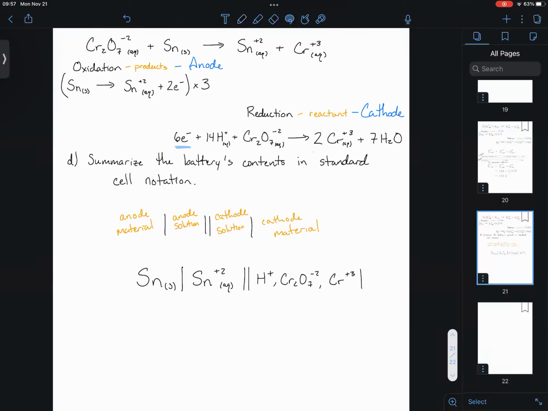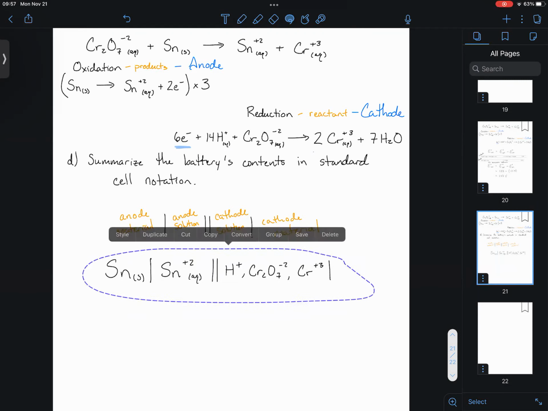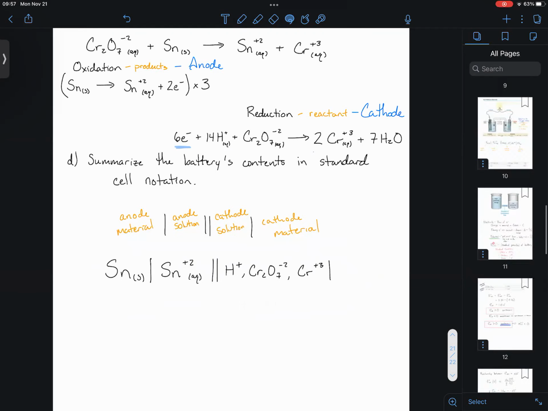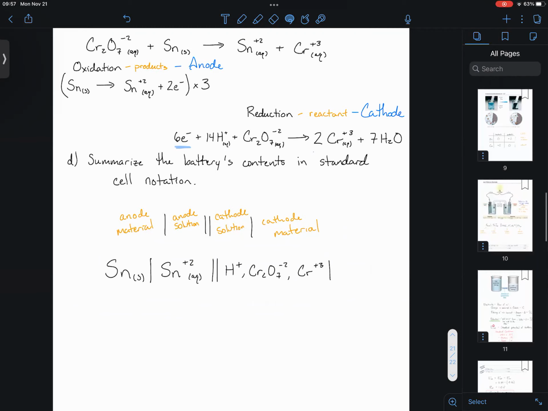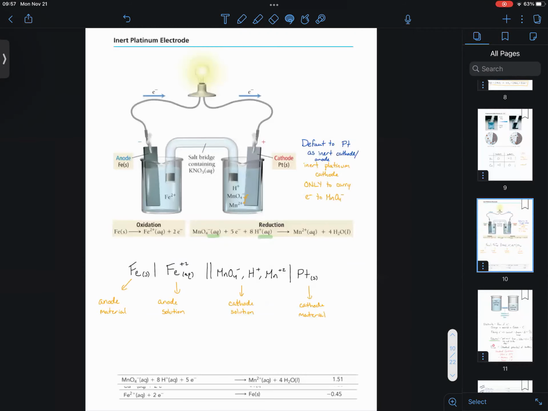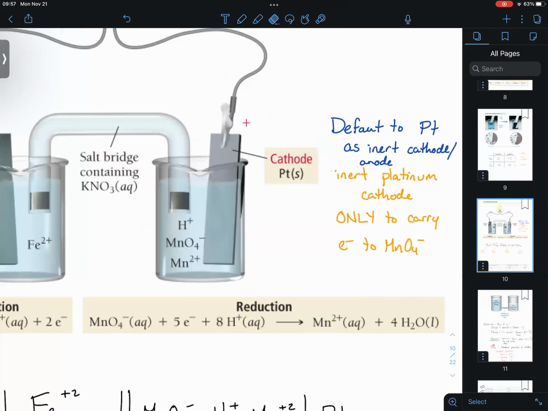Okay, so then what is my cathode material? Remember, we talked specifically about these cases where you have in solution both the reactant and the product side of your reduction reaction. We saw this example before: if everything here is aqueous, then you're going to have to use an inert metal cathode.